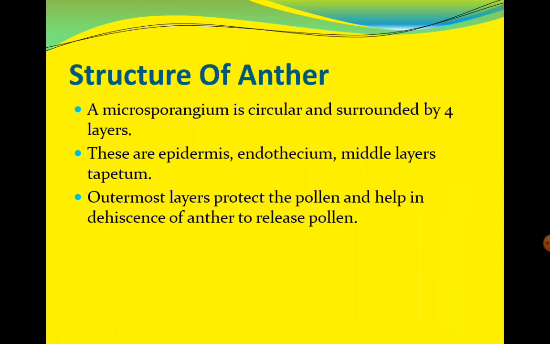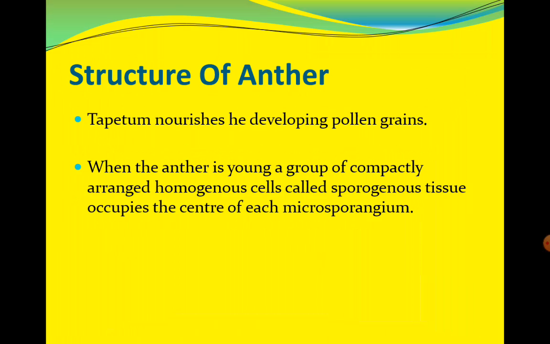Okay, the outer three layers, epidermis, endothecium and middle layers, are protective in nature and help in the dehiscence of anther to release pollen. Okay, dehiscence means splitting up, so that anther is split and pollen can be released in the air or whatever the media available. Okay, now the tapetum helps in the nourishment of developing pollen grains.